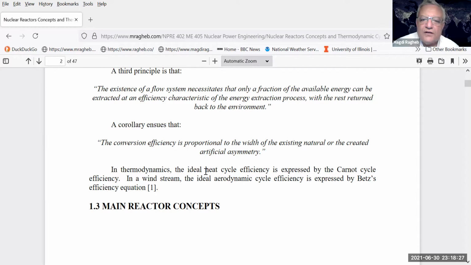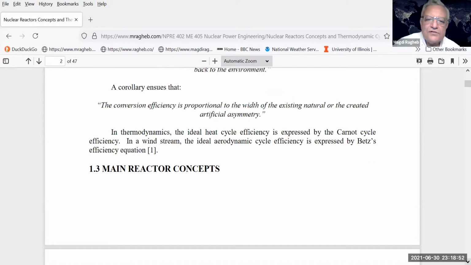For instance, in thermodynamics, the ideal heat cycle efficiency is expressed by the Carnot cycle efficiency. However, if you deal with a wind stream producing electricity from it, there is also an associated efficiency, but it is described by the Betz equation. And you can go and read about it in our course on wind power systems in general.